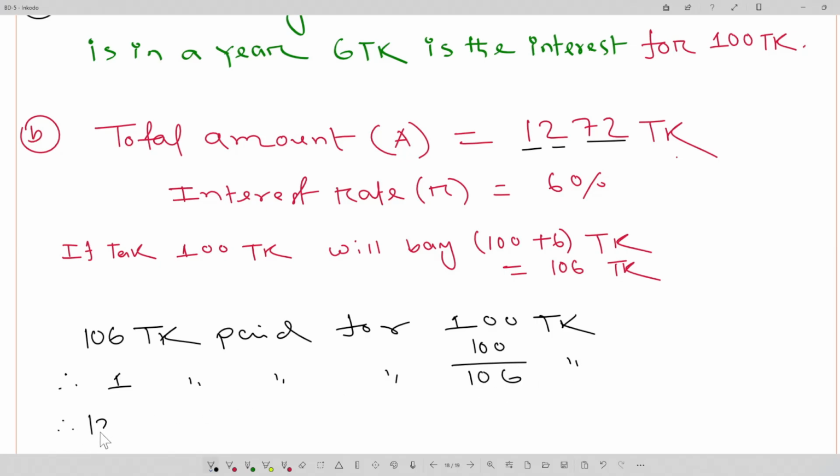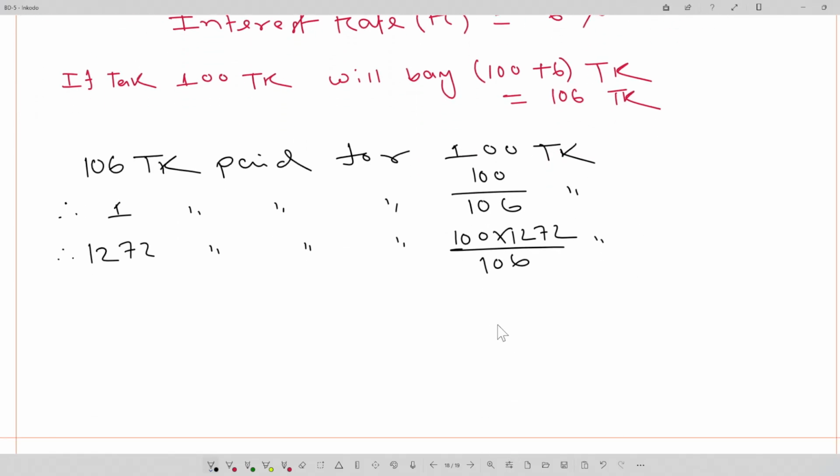Next, for 1272 taka he paid, so 100 times 1272 divided by 106 taka. After calculation we get 1200 taka.